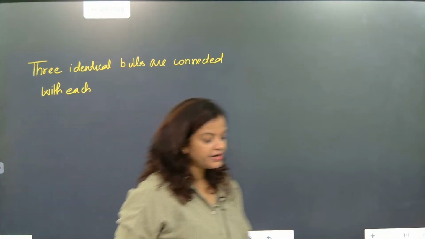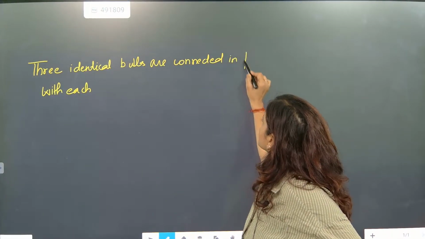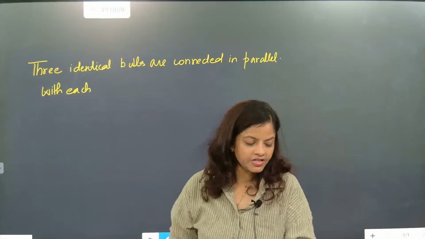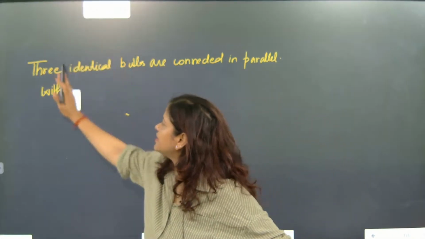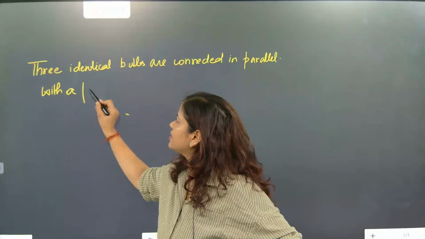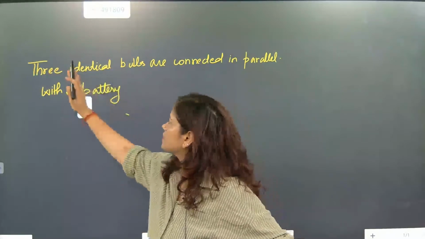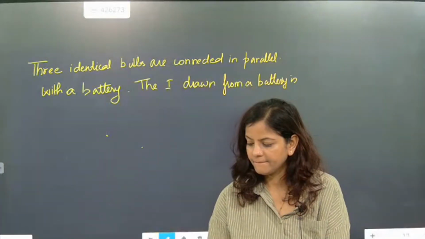So three identical bulbs are connected in parallel with each other with a battery.